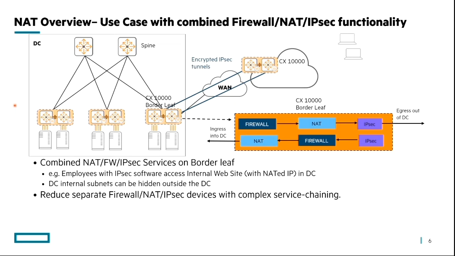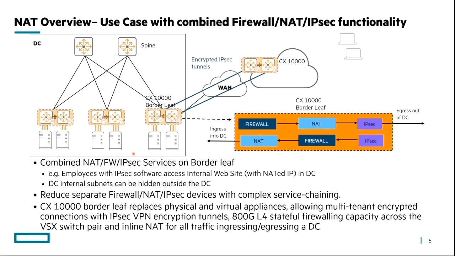And then there's the potential reduction in appliances with separate firewall, NAT and IPsec devices, removing that complexity with service chaining. So using the CX10K with these features of firewall, NAT and IPsec can simplify network architecture and operations.